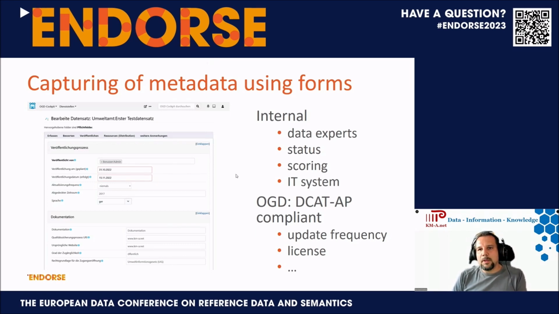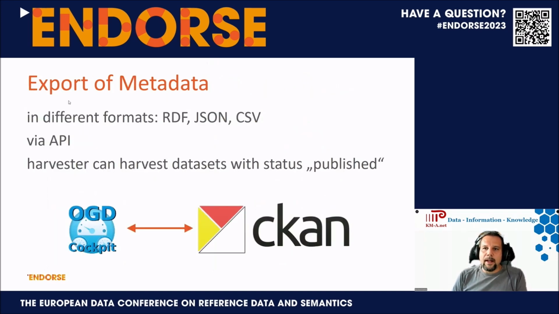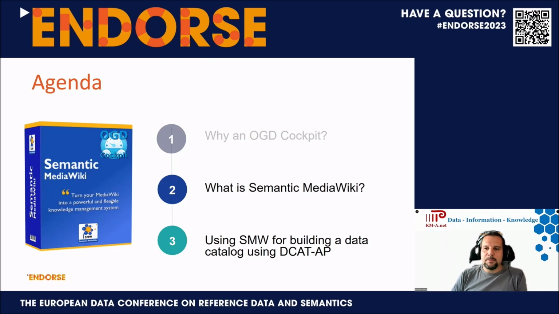And you can document this in your internal wiki. And of course, Semantic MediaWiki is very export friendly, so you can export the data. Basically, what you could do is have a CKAN harvester harvesting the OGD cockpit for all the data sets that have the information they should be published. So yeah, this is the main idea.